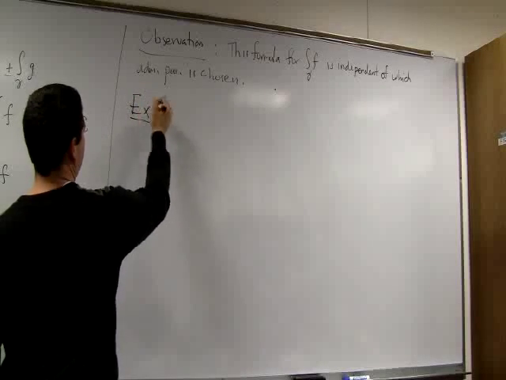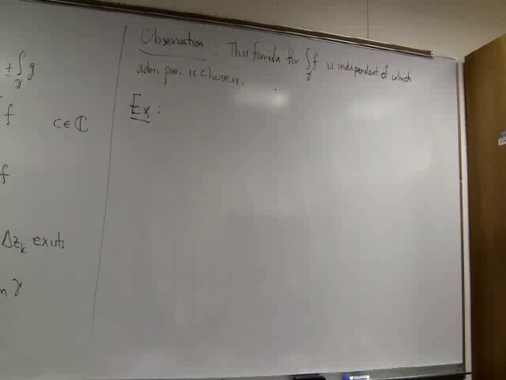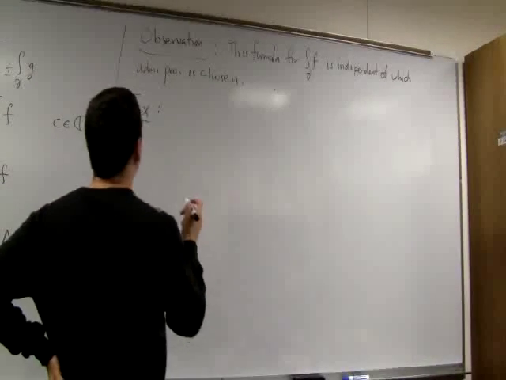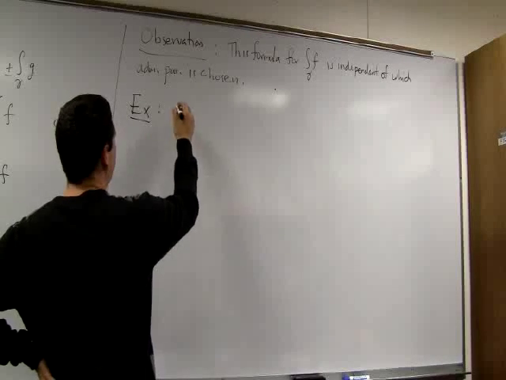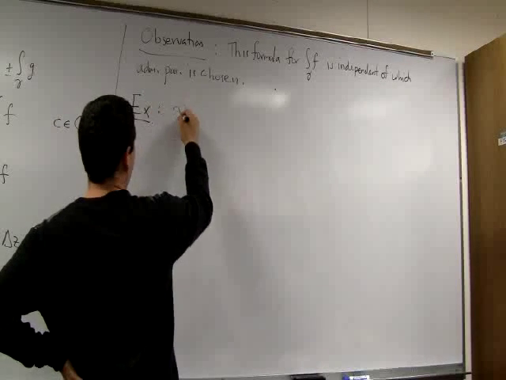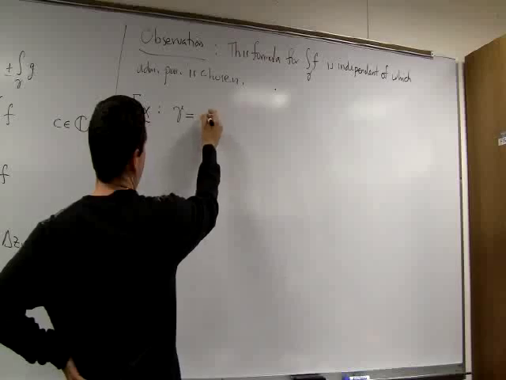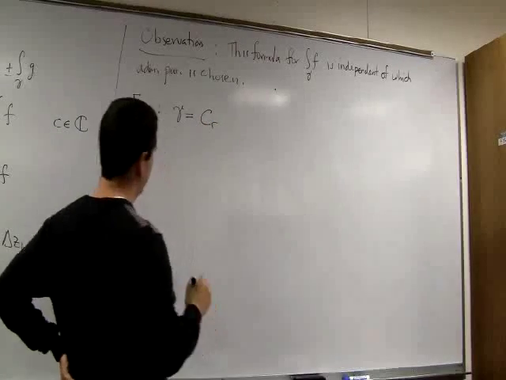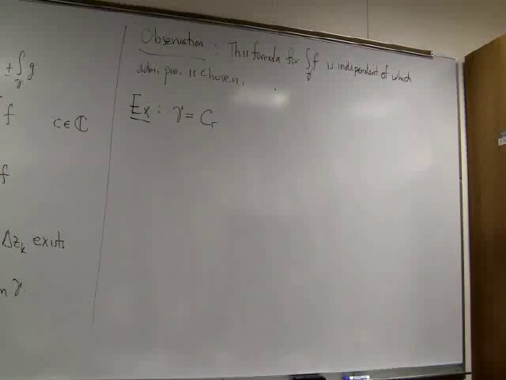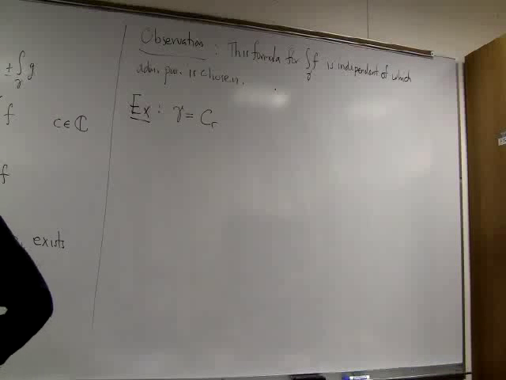All right. Well, let's try to do an example. And this is actually a pretty useful example. So I'm going to give you my path. So first, my gamma. I'm not going to write it as gamma. I'm going to use the suggestive title C sub r. And C sub r is not the cyclic group of order r, for those of you in 267.